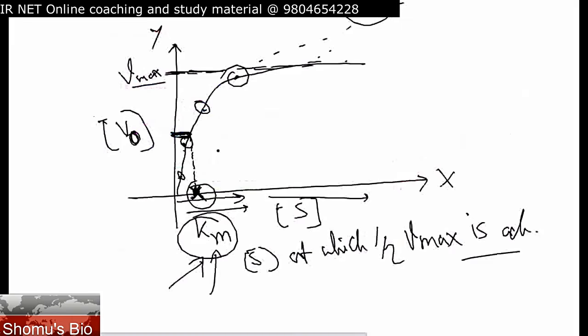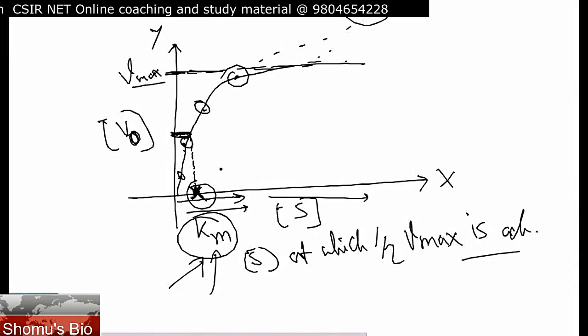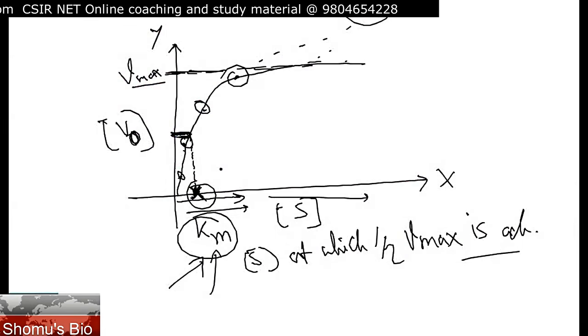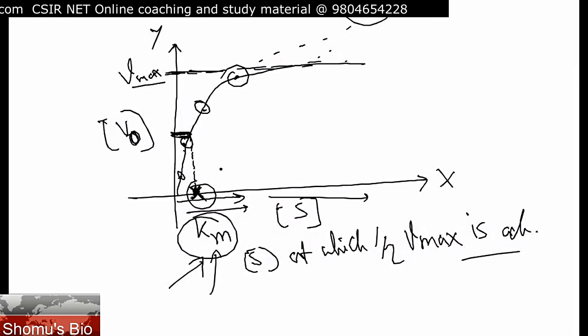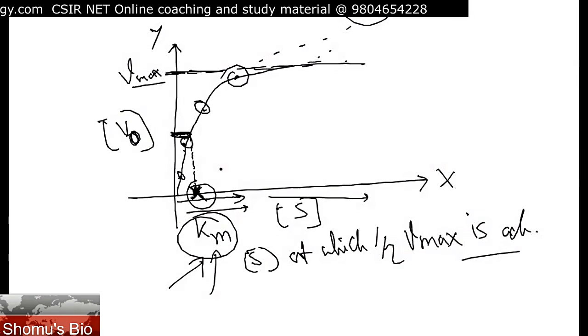And it definitely has to do with the affinity of the enzyme towards the substrate. Remember one thing, if Km is high, what does that mean?